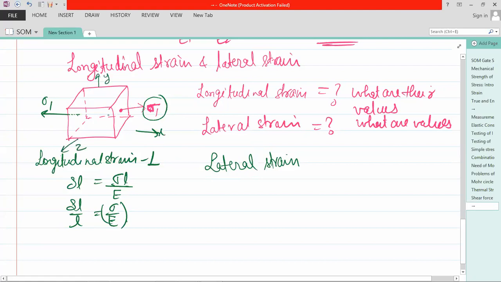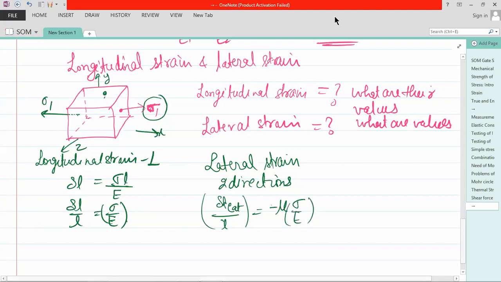In the y direction there is a lateral strain and in the z direction there is a lateral strain. Hence, lateral strain comes in two directions and its value is delta L lateral upon L equal to mu times sigma by E. Now, any problem in this concept?